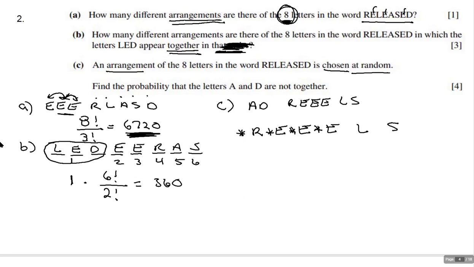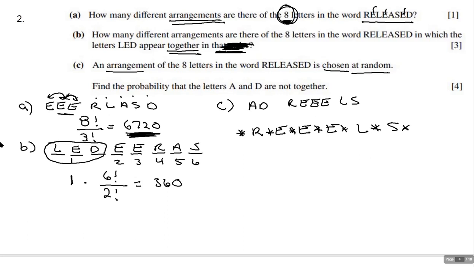If they are in any of these spots, well then they won't be next to each other. So start with the guys that are going to do the separating. They're always going to be the one you have more of.